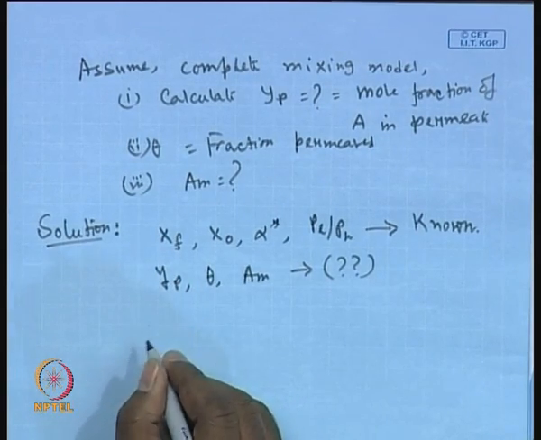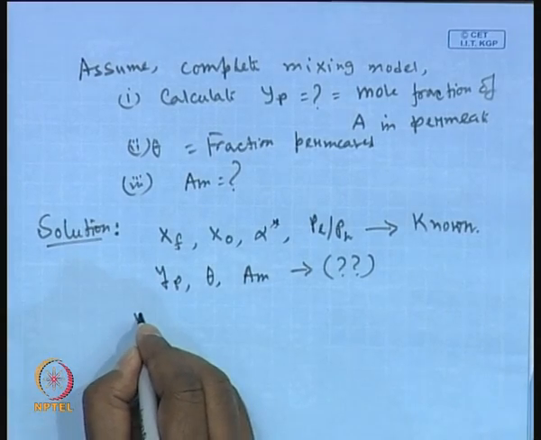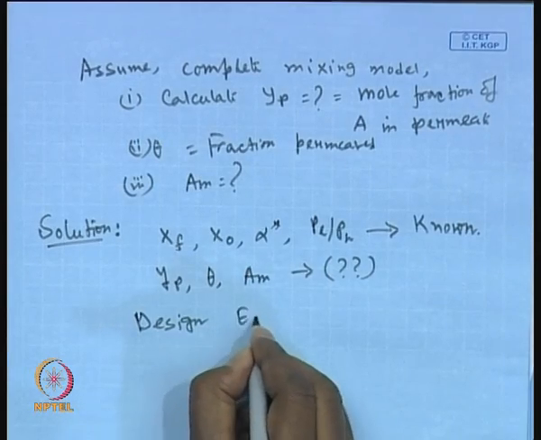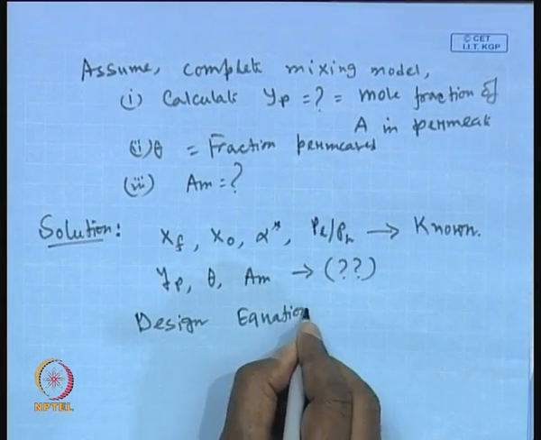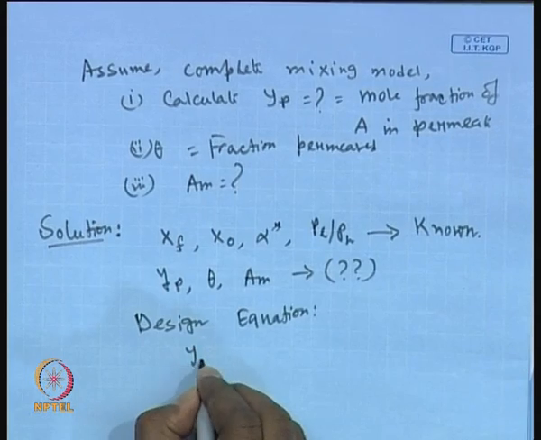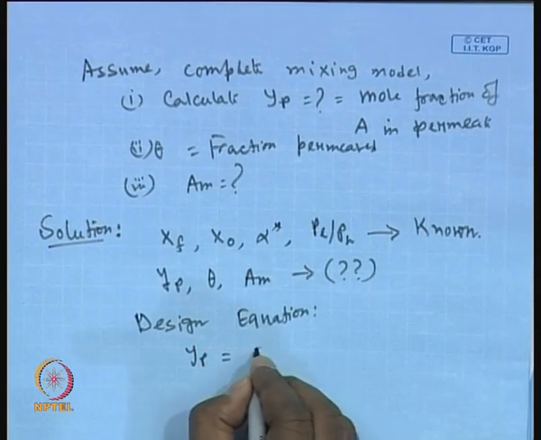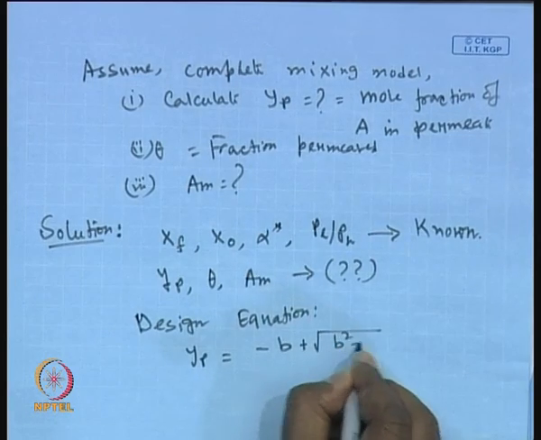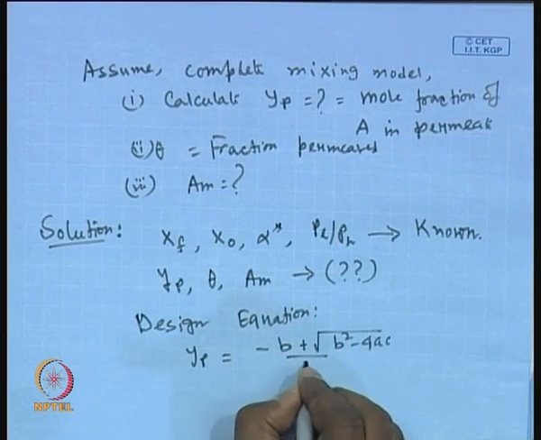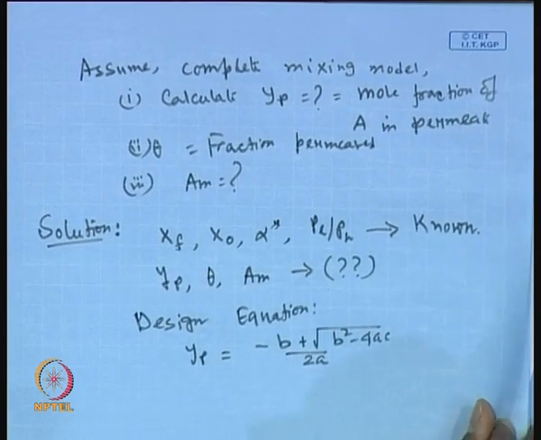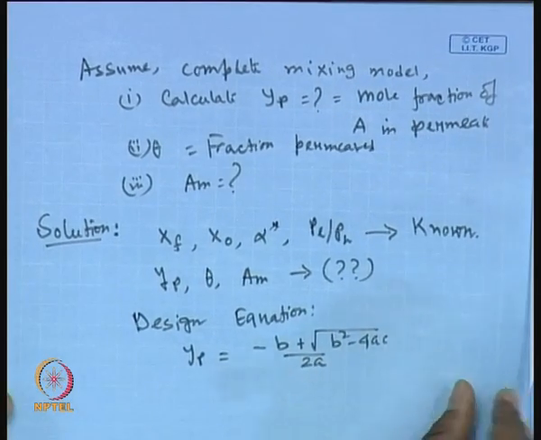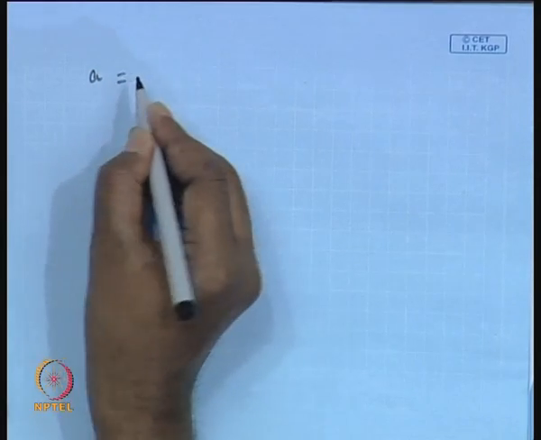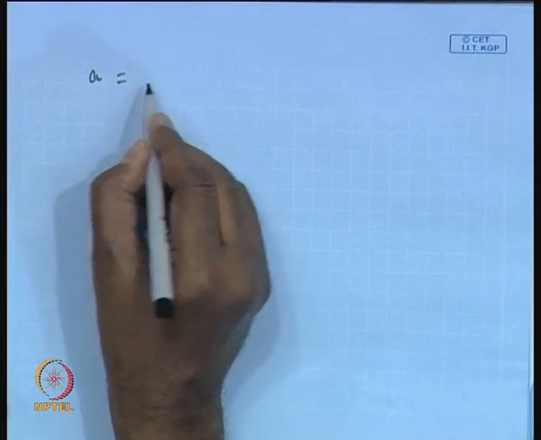If you remember the design equation of permeate composition, the permeate composition was given as Yp equal to, in the form of a quadratic, minus B plus square root of B square minus 4AC divided by 2A, and we talked about it being a quadratic. These A, B, C are parameters which relate the operating and known values.